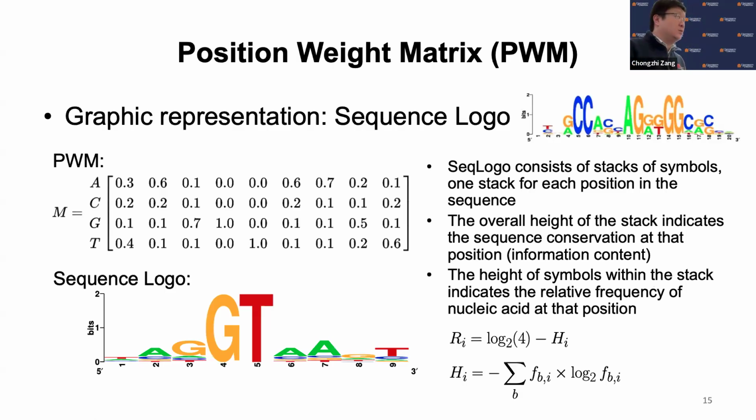With the position weight matrix, it is already a very quantitative way of representing a transcription factor sequence motif. And then there's another representation that is visually easier to understand, a graphic representation of the sequence motif, the so-called sequence logo.